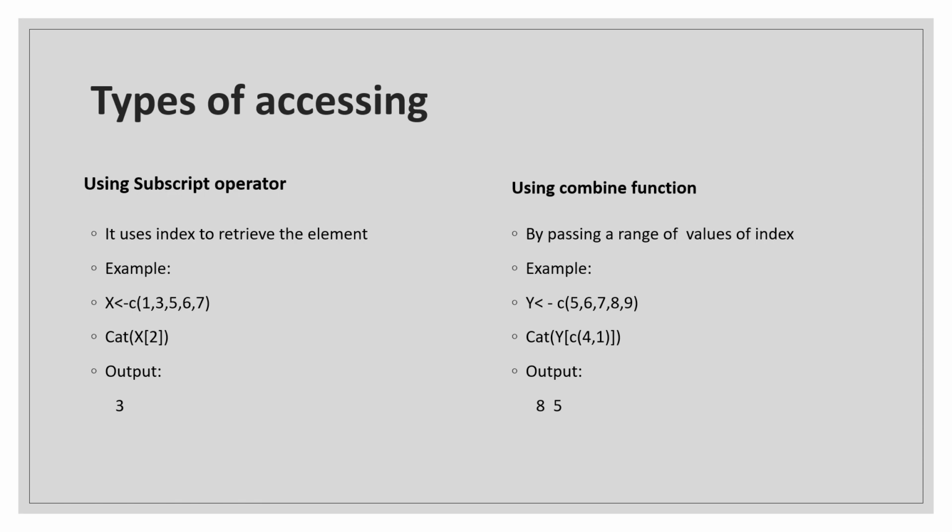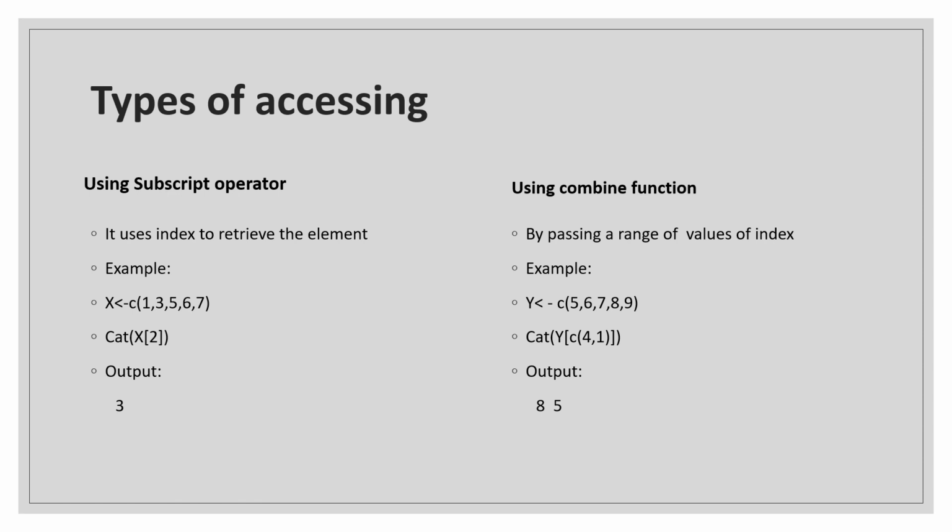So if we want to retrieve an element of index 2, we have to use cat operation which includes vector with its index. So here we want to retrieve the element which is present in second index of the x vector. So we give the input as cat of x. In the square braces we will give the index of the required element. So as you can see that the second indexed element is 3. So we get the output 3.